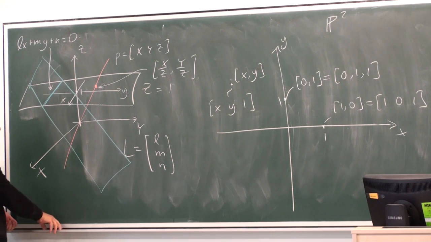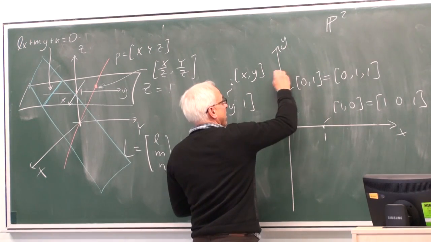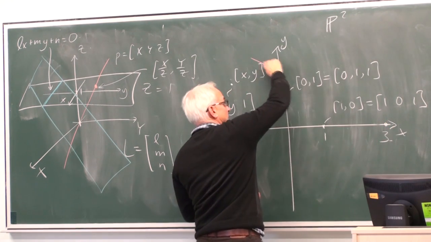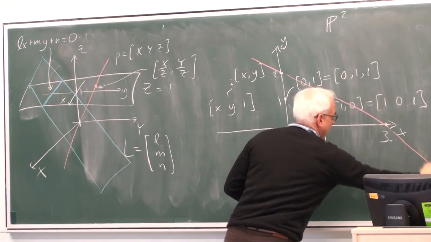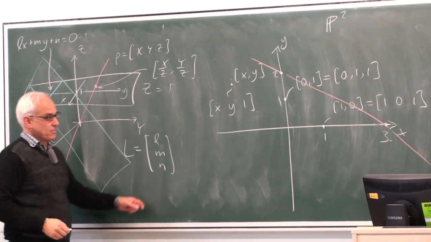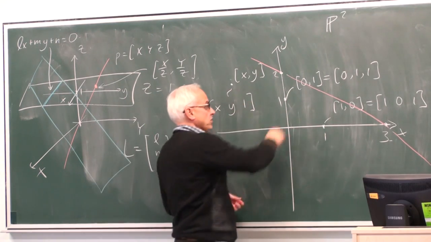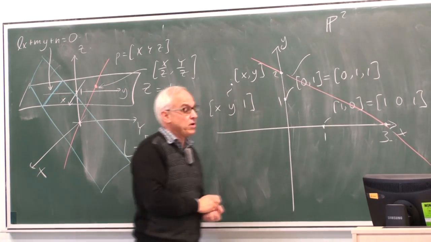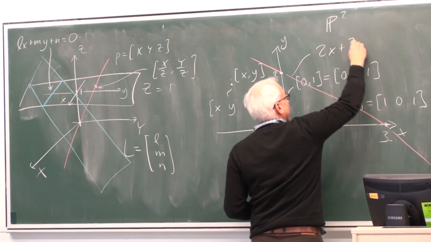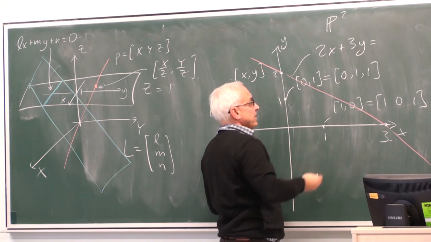Now if we have some line, let's say going through 2 and 3, so there's a line. If it has x intercept 3 and y intercept 2, then the usual equation would be 2x plus 3y equals 6.